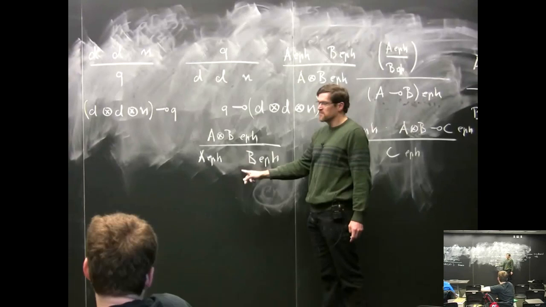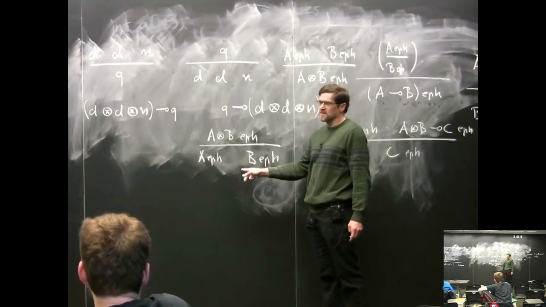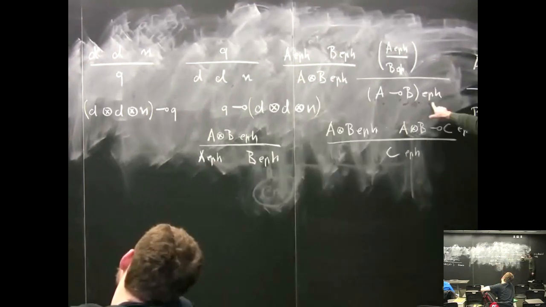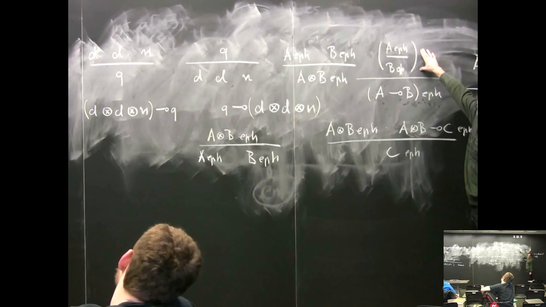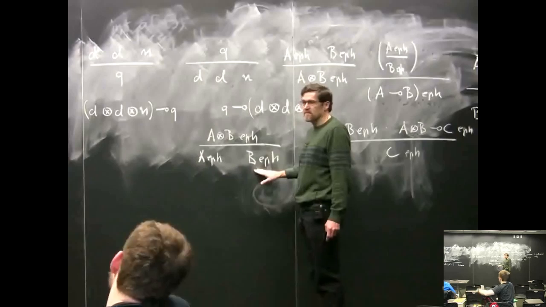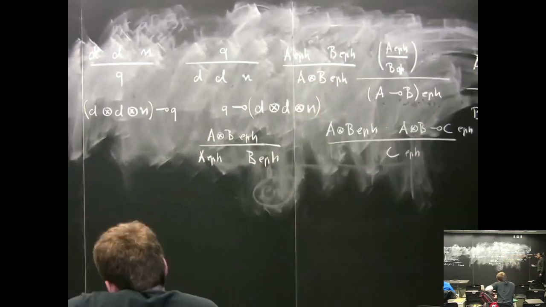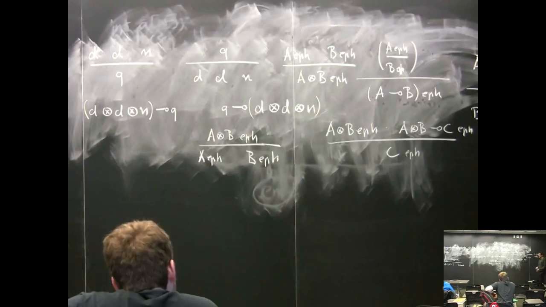But we still need that here, right? Okay, so we can do it, but it's the same problem we had with implication. Here, in order to prove an implication, we needed the notation we wanted to eliminate. And here, in order to eliminate a tensor, we needed the notation that we wanted to get rid of, right? An inference rule with multiple conclusions. So somehow this notation that we have for proof doesn't really seem to work very well.